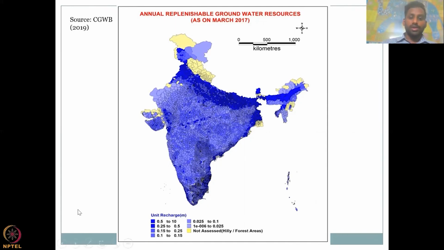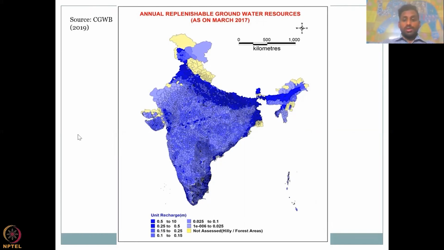So if you look carefully here, the darker blue sections are where groundwater recharge is the highest in India, and occurs mostly on the floodplains or along the major river channels. This is the Indus-Ganges Basin, and also this side is your Brahmaputra network, all having high groundwater recharge. But this is only recharge. This particular image is not looking at the depletion and the net groundwater availability.